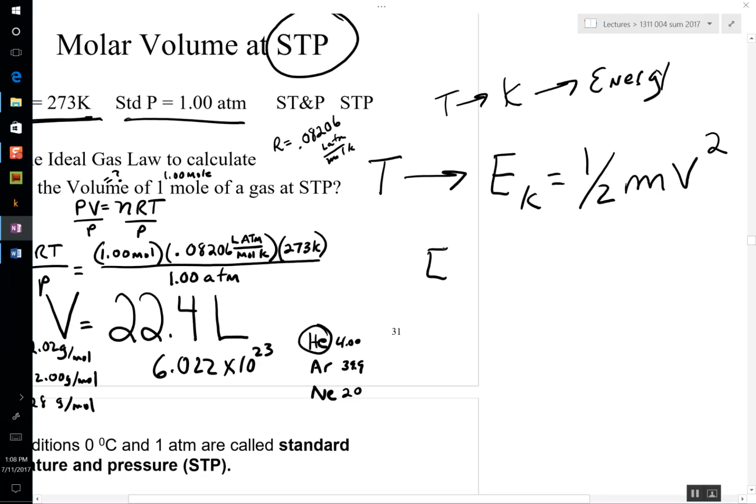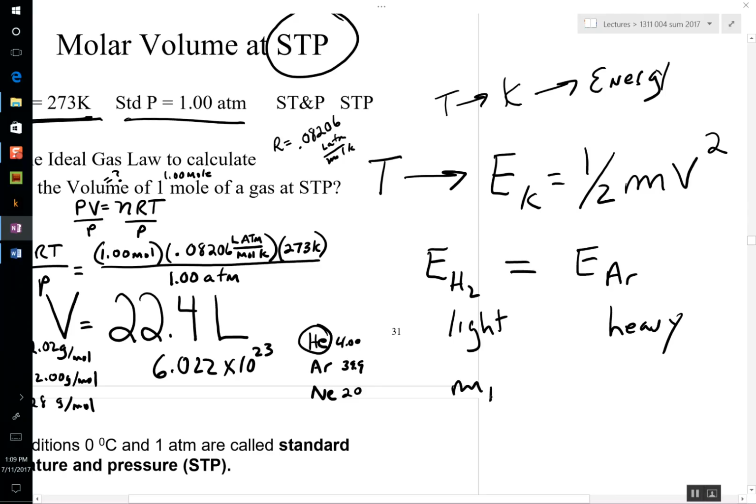So if the hydrogen has the same energy as the argon, and the hydrogen is lighter, the argon is heavy, so the mass of the hydrogen is low. What does that mean about its velocity?